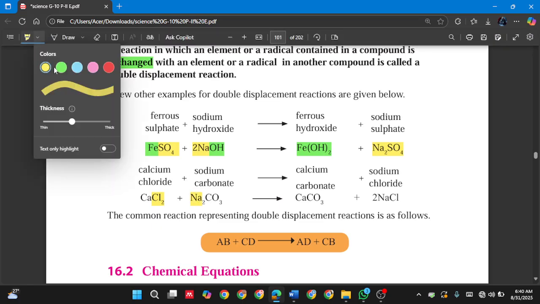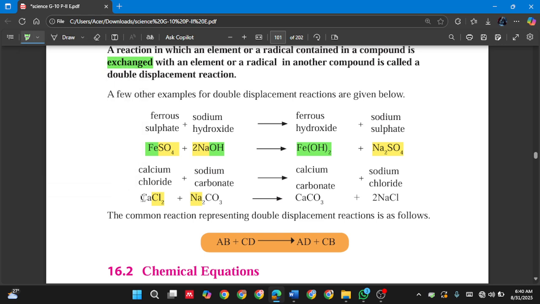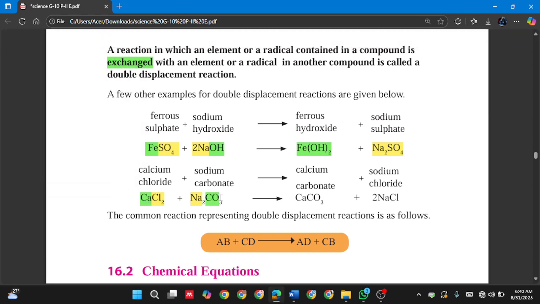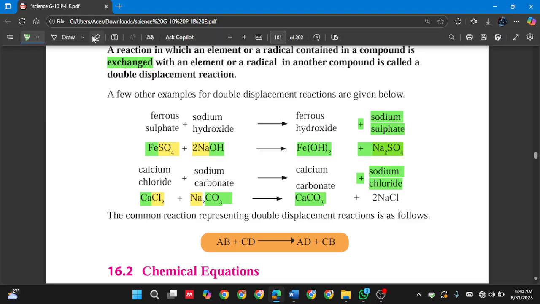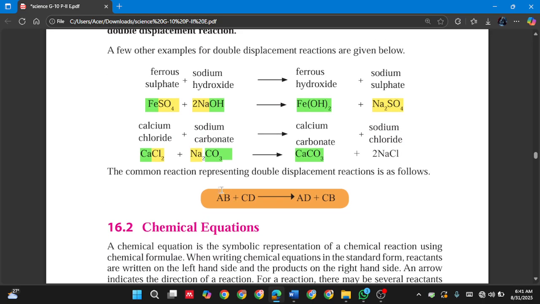And what about calcium? It goes with carbonate and produces calcium carbonate. So this is a double displacement, and we can see the common reaction formula they have given us here. If AB plus CD, this A goes with D and prepares AD, and the remaining B goes with C and prepares CB.